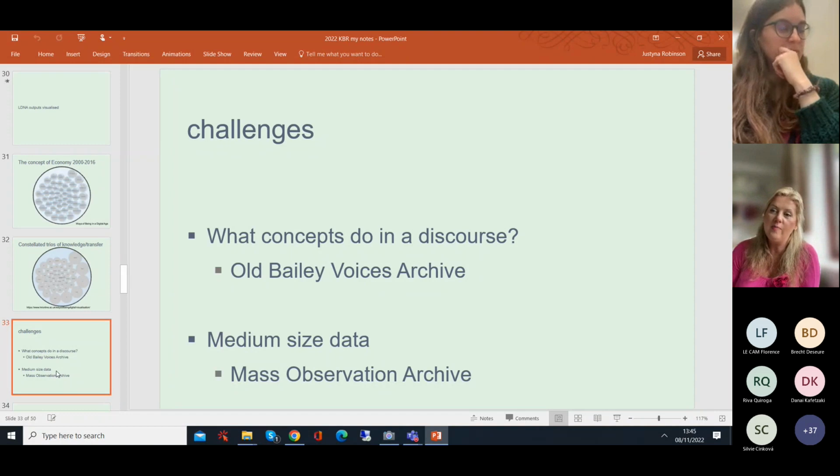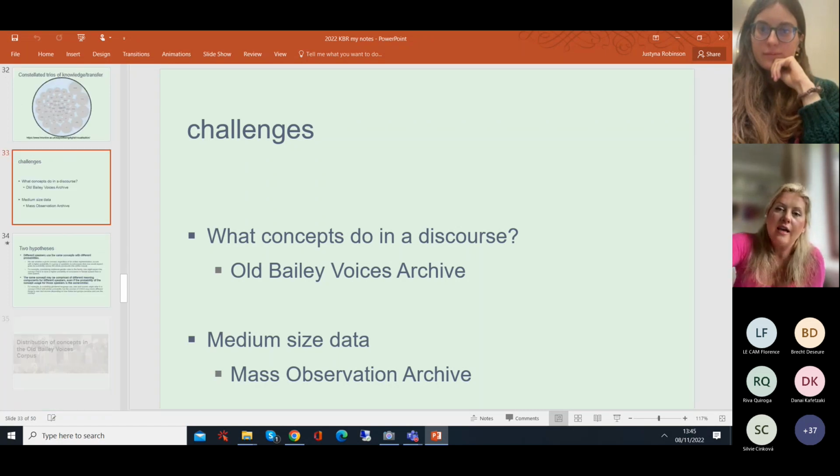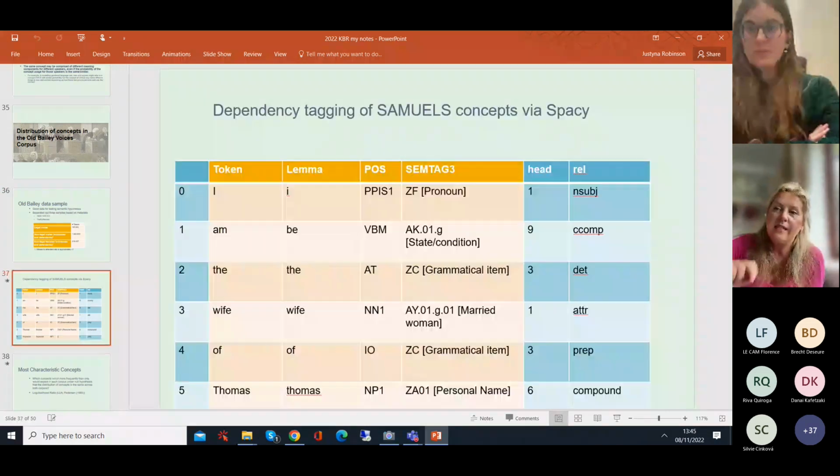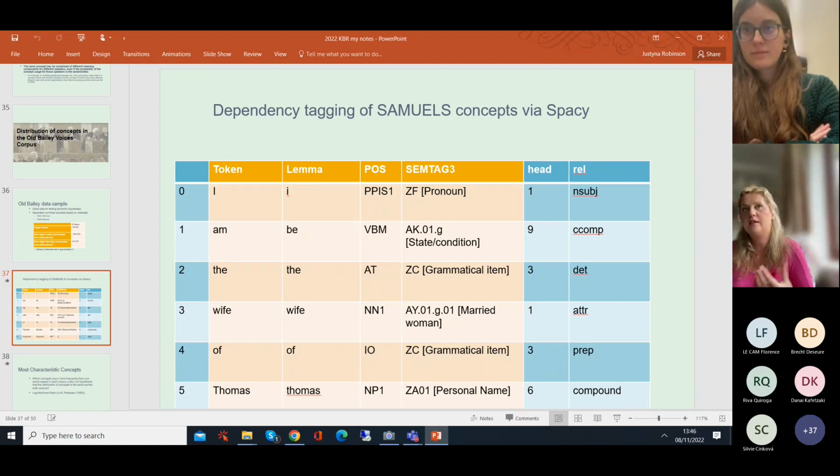So in the Old Bailey, myself and Julie Weeds looked at those questions by exploring the Old Bailey Voices archive, and we used another approach to the concept of semantic change, where we first transferred each text to Samuel's concepts.